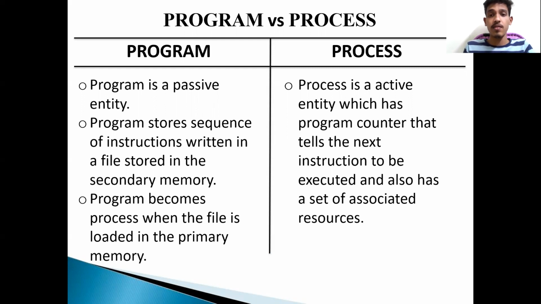Whenever we want to execute that code which is stored in that file, that is called as a process. Program becomes process when the file is loaded in primary memory. As I said, whenever we want to execute that program, first of all, we need to bring that into primary memory, then we call it as a process.